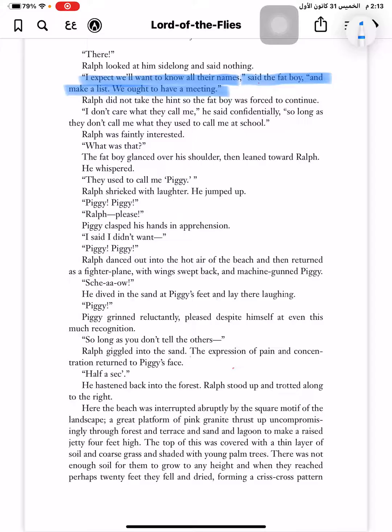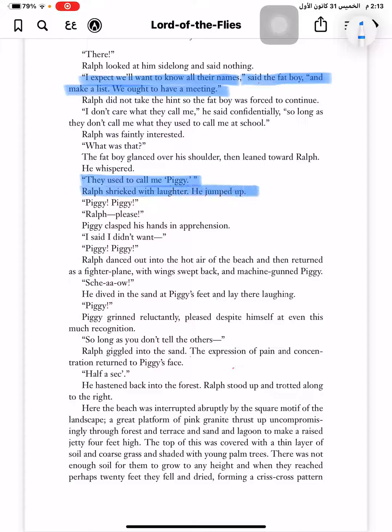In fact, in the first boy's interaction with the second boy, he suddenly shows the reader how impolite he is. When the second boy told him about his nickname, "They used to call me Piggy," Ralph shrieked with laughter.